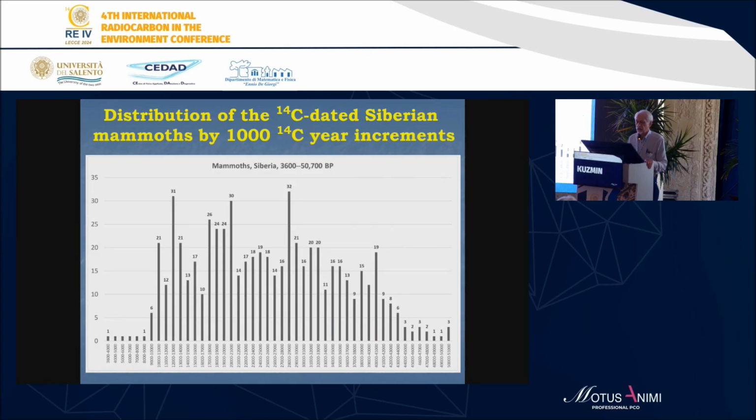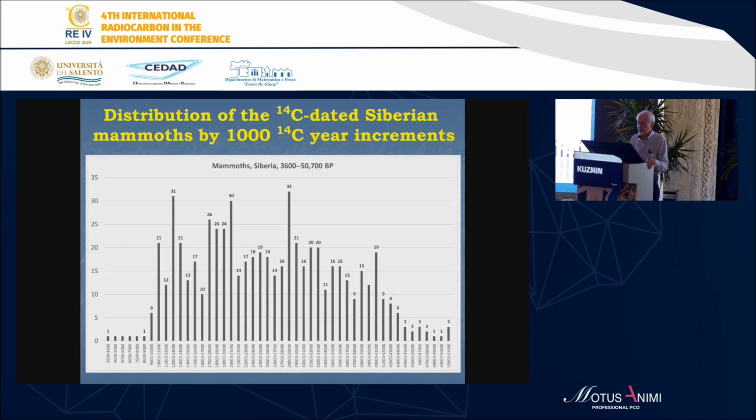Actually, we started 20 years ago with dating of Paleolithic sites and figured out that the average sigma for a set of C14 dates is about 500 years. Therefore, plus or minus 500 years, about 1,000 years. So we decided to use a 1,000-year increment to plot the distribution of dates.